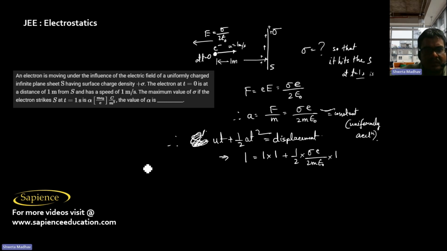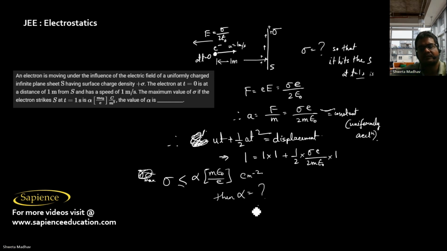So here it is told that the maximum value of sigma means that sigma should be less than or equal to alpha m epsilon naught by E, coulomb per meter square. Then the value of alpha we have to find out.